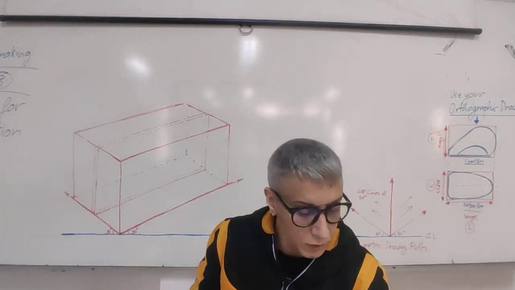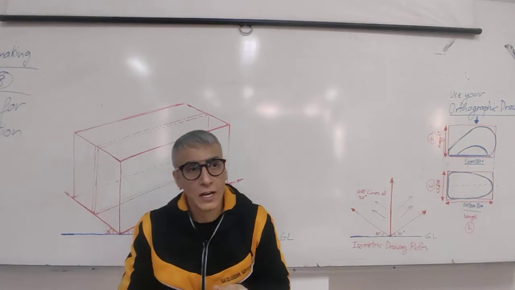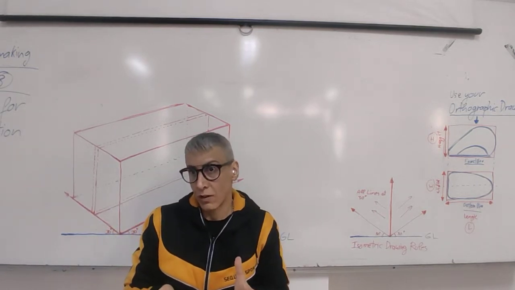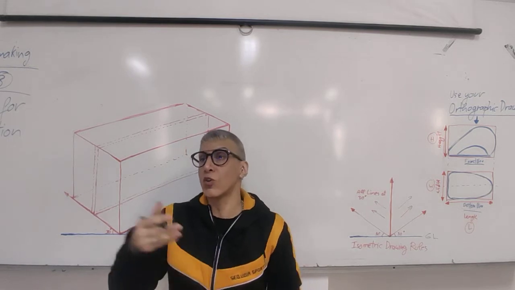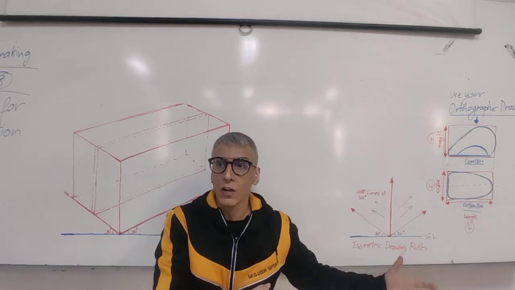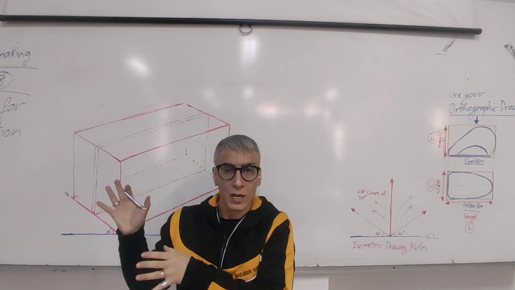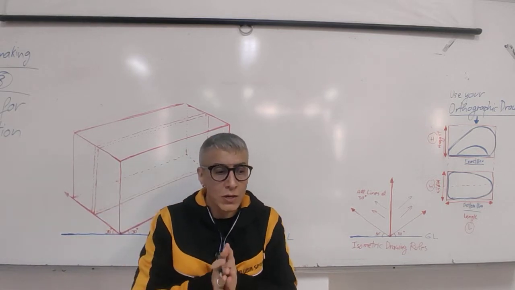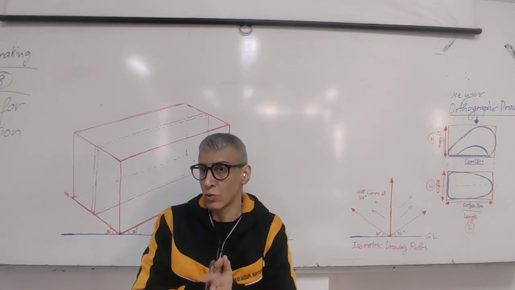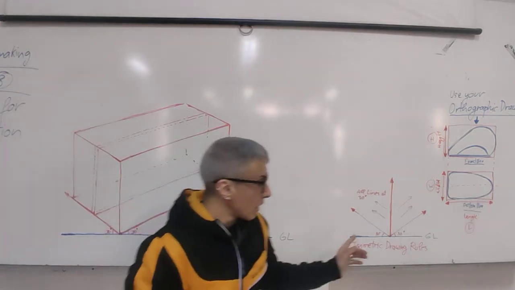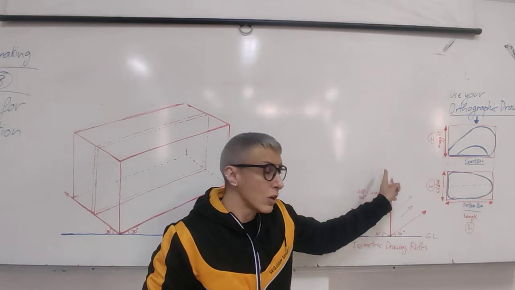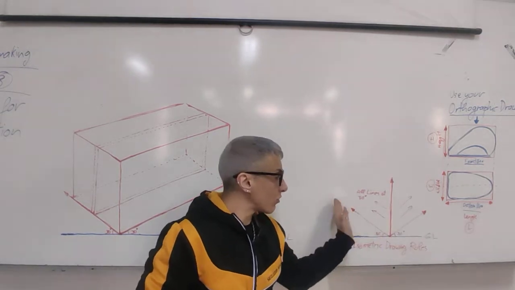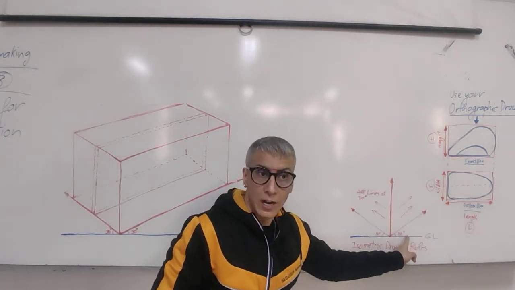Now, isometric drawing is one of the technical types of drawing, so it must have accurate measurements. You must have an orthographic drawing completed to do an isometric drawing. And isometric drawing follows very specific rules. So, you have a ground line, you have the first edge, then the other two edges must be at 30 degrees.